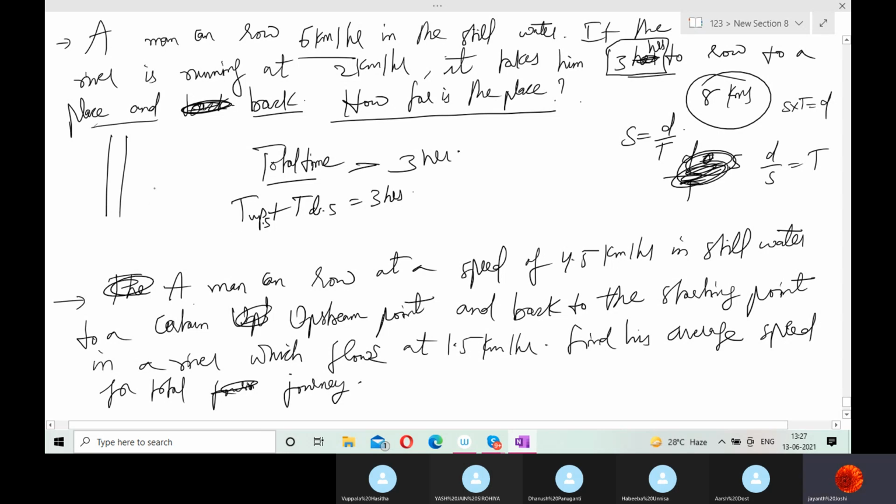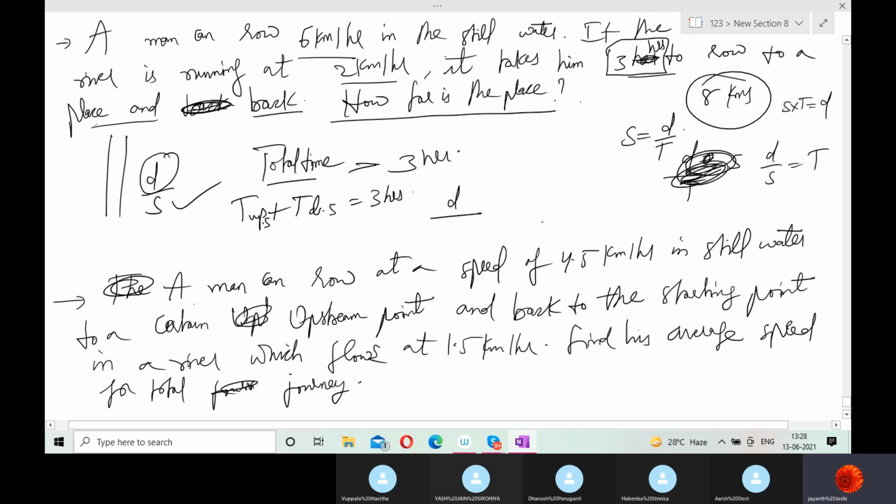Now, how will you find out the time upstream? For time, you need distance by speed, and very clearly we don't know the distance, but we know the speeds, and they have asked us to find the distance. So I'll frame the equation in this way: distance by, a man can row how much? 6 kilometers per hour in still water. And this is the speed of the stream. This is the speed of the man, the speed of the boat in water, correct?